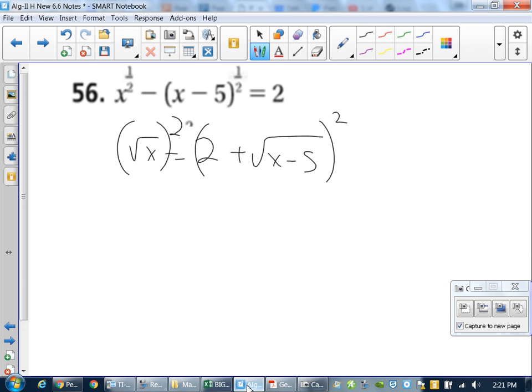Why couldn't we just do what we did with the last one and multiply it by 2? Like, the last time we multiplied it by 4 and got rid of it. In this case, you can't just distribute over a binomial. You'd have to FOIL it out. If it was a monomial, like the other one was, that's why that worked, because I moved it to the other side.